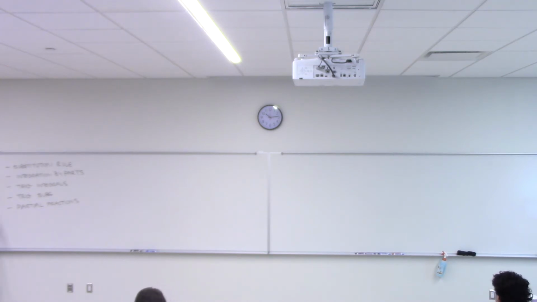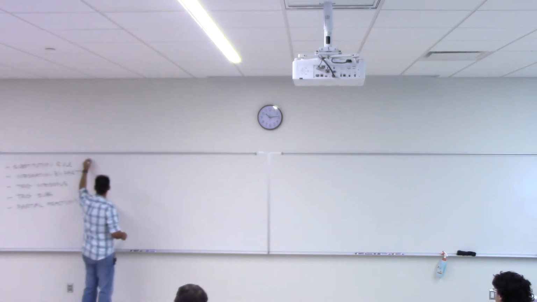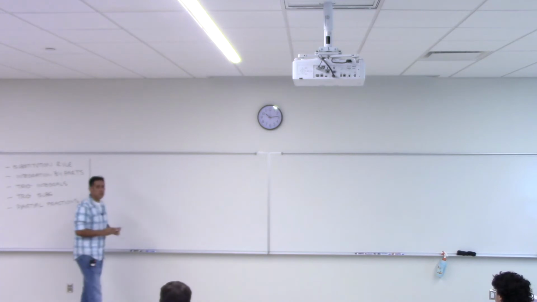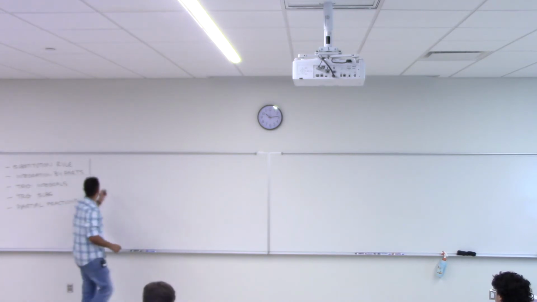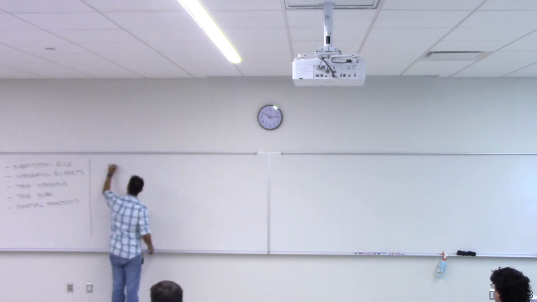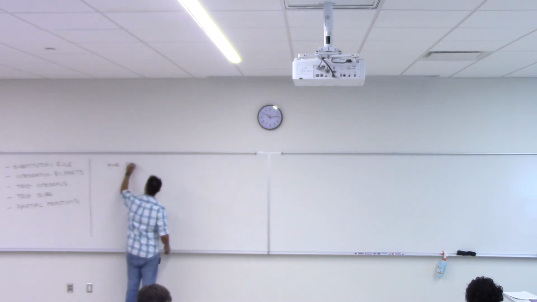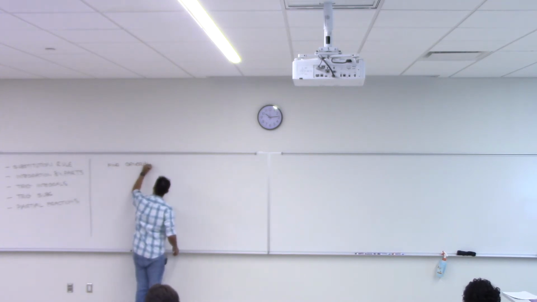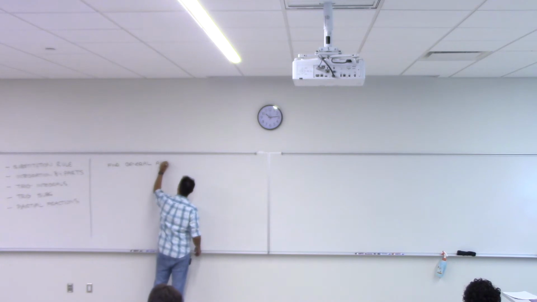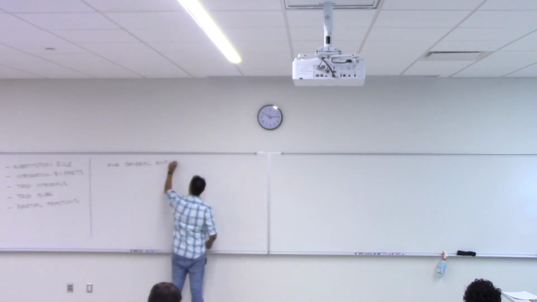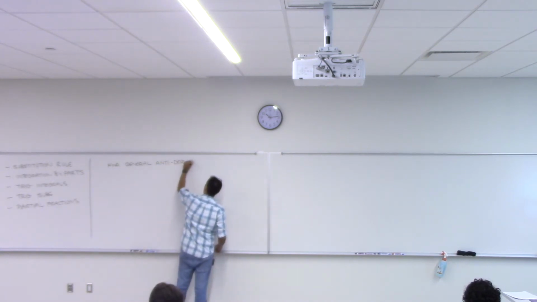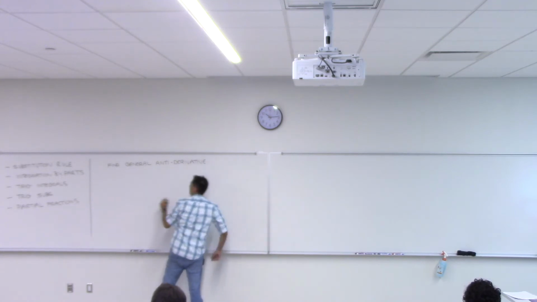So substitution is our first technique. All right, so here's how it goes. I want us to look at two different problems, okay? I want us to find the general antiderivative. I'm going to give you two different functions to look at.